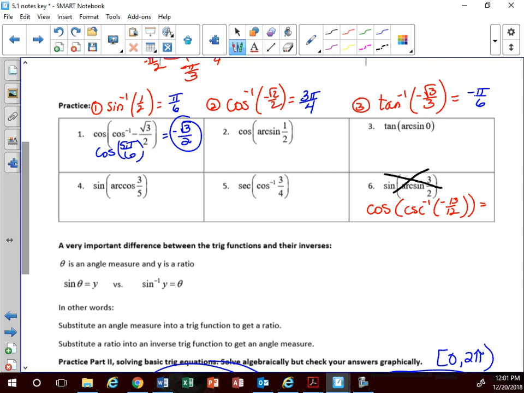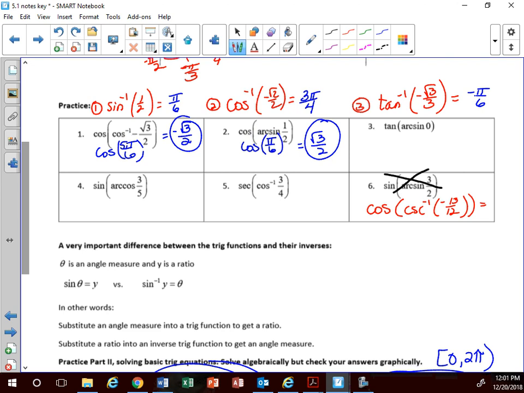All right, remember arc sine is the same as inverse sine. So for number 2, arc sine of 1/2, what is that going to be? Pi over 6, good. And what is the cosine of pi over 6? Root 3 over 2, okay?